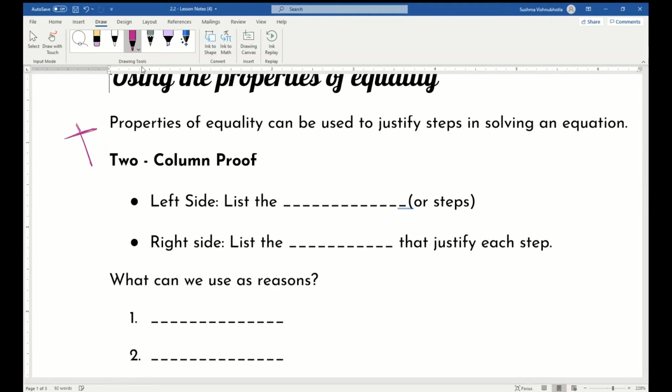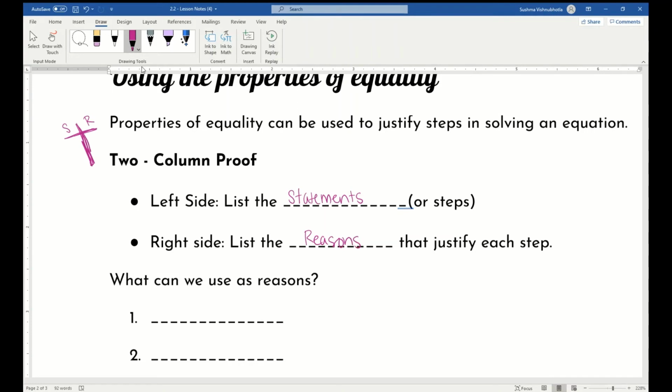So in class, we saw a proof as a flowchart, but now you can also see a proof as a T-chart. So a two-column proof. The left-hand side of the proof lists the statements or steps. The right-hand side, you have the reasons that justify the steps.